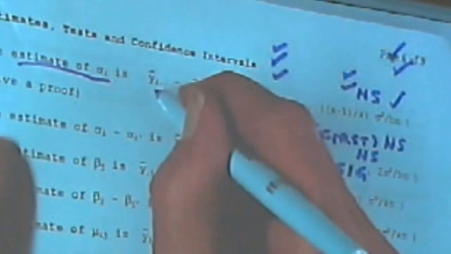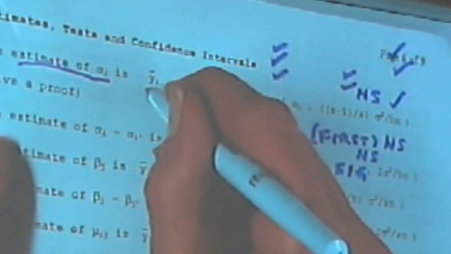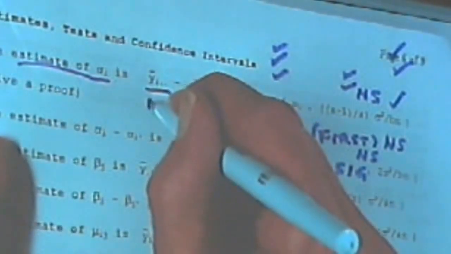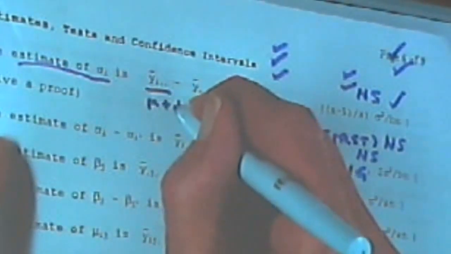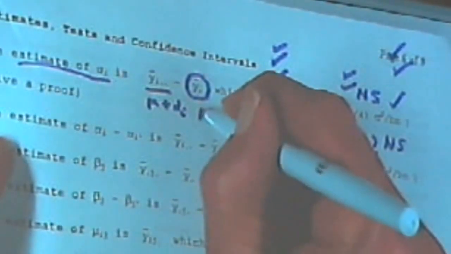We could say y bar I dot dot estimates mu plus alpha I, and then y bar triple dot estimates mu. And so by subtracting there, we have something left which is estimated as alpha I.